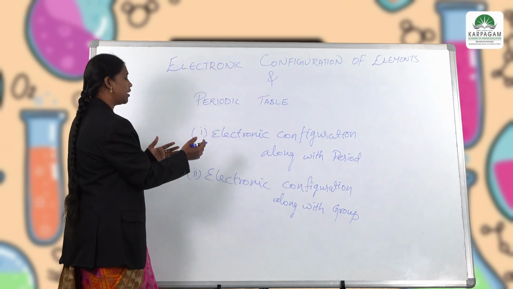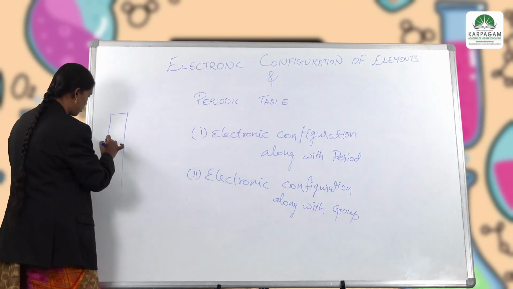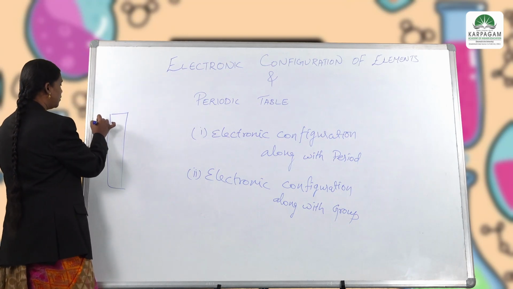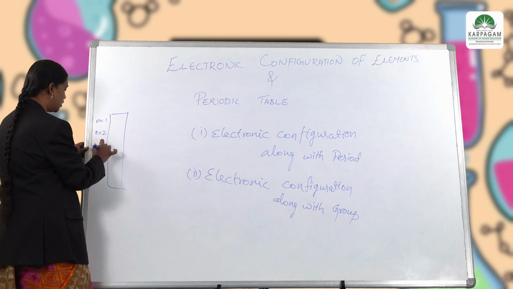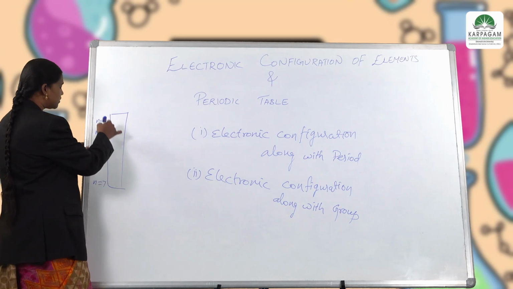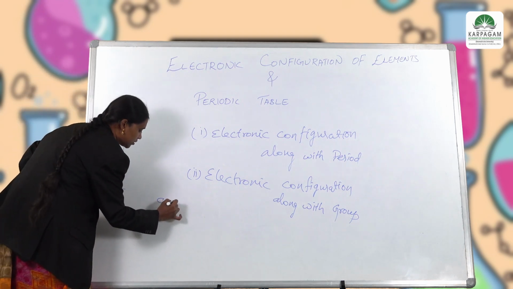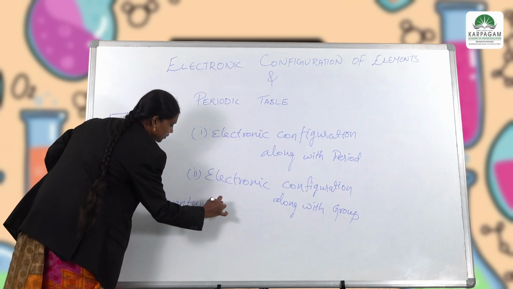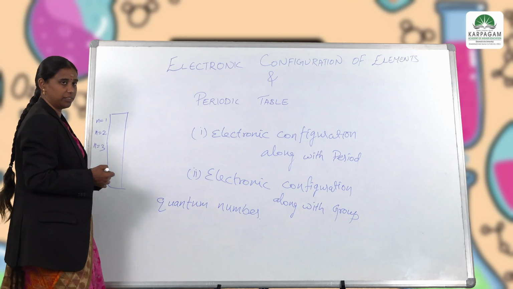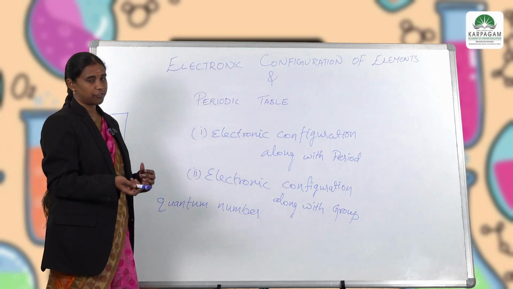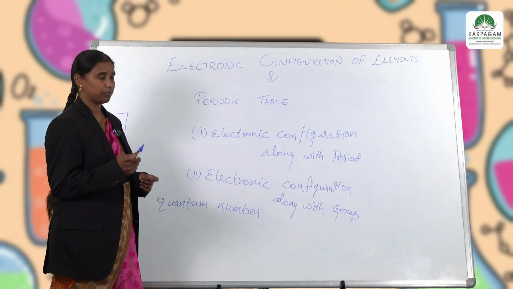In electronic configuration along with period, we already saw that the periods in the periodic table total 7, that means n equal to 1 to n equal to 7. These n numbers are classified as quantum numbers. The electrons' position and their energies in an atom are classified into a set of quantum numbers, that is 4 types of quantum number.